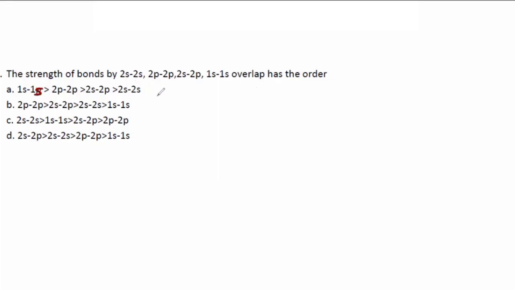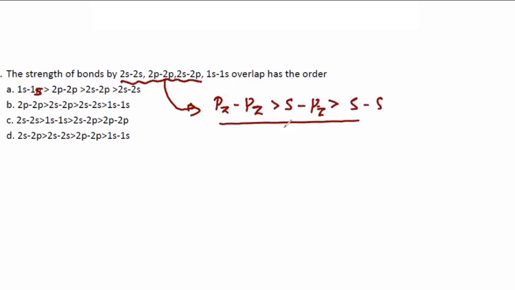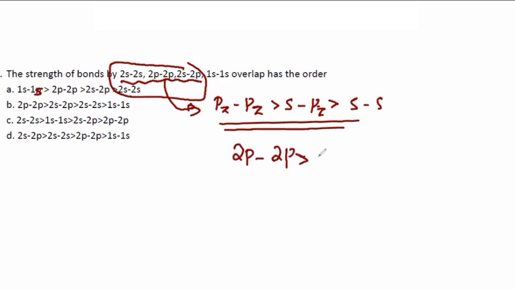Okay, fine. We know that if n is same, pz overlapping has more extent than spz, than ss. So in case of this, the order will be like this: 2p-2p greater than 2s-2p greater than 2s-2s.